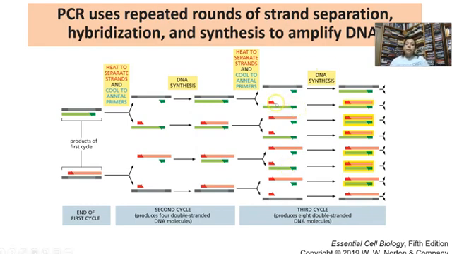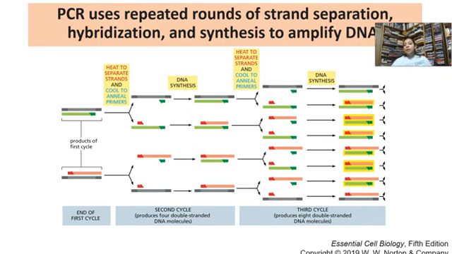So for example, this one is going to give you the correct size and sequence. In this case, this one's going to give you the correct size and sequence. So it's the third cycle that will give you the correct size and sequence for the first time, and it's going to give you 2 molecules like that.